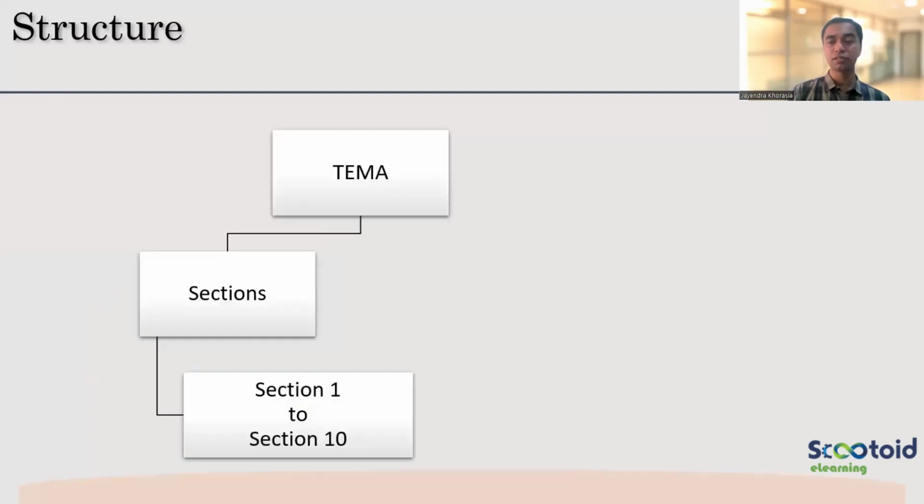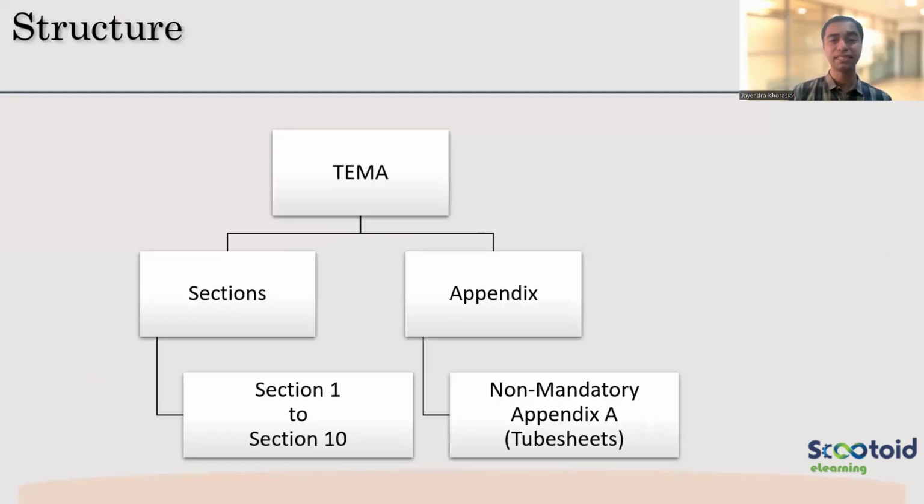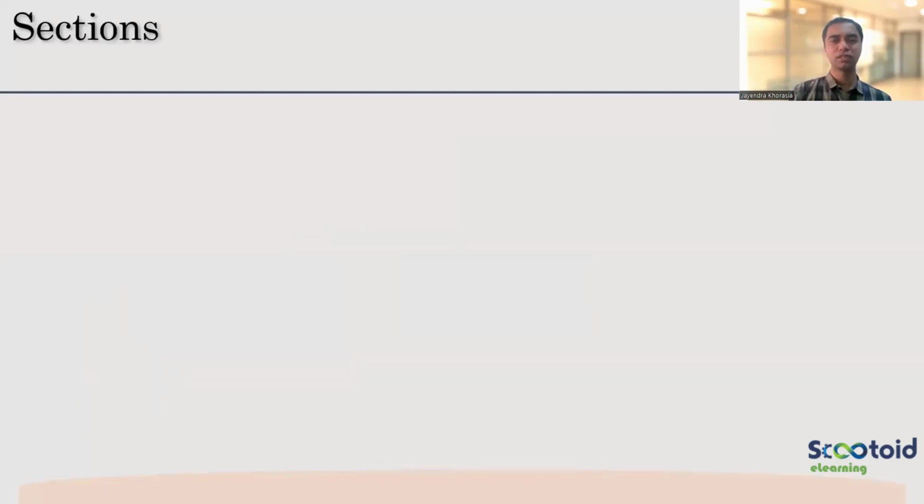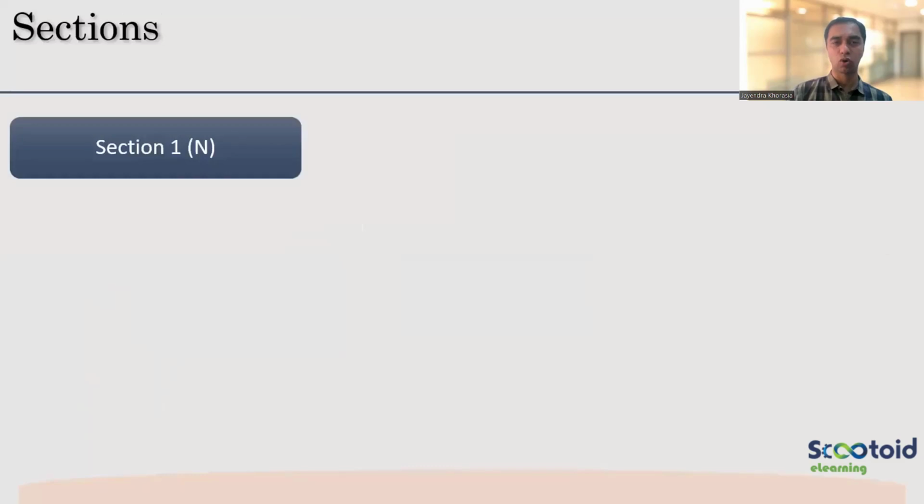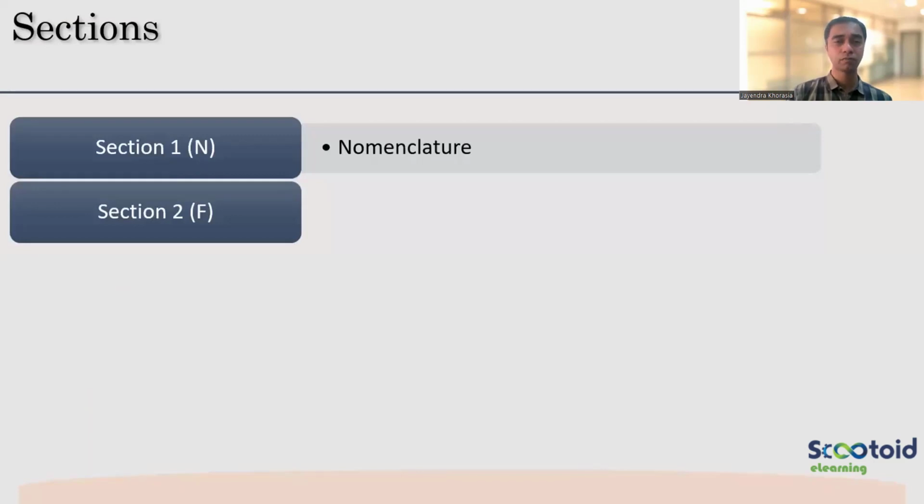It has sections. If you refer to its index, it is divided into different sections. There are sections 1 to 10, and there is a non-mandatory appendix which helps us to design tube sheets. Let's see briefly what each section talks about. Section 1 talks about nomenclature, which we are going to discuss today.